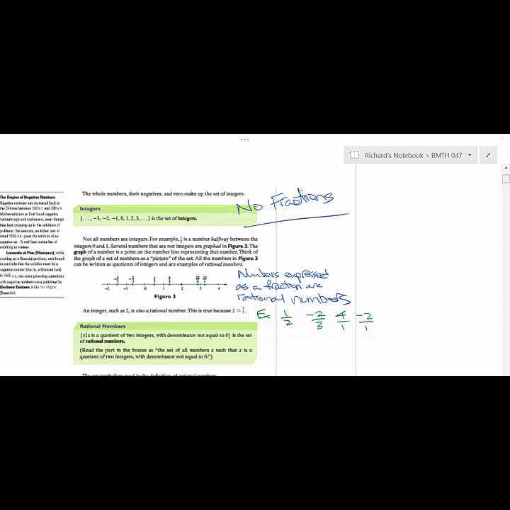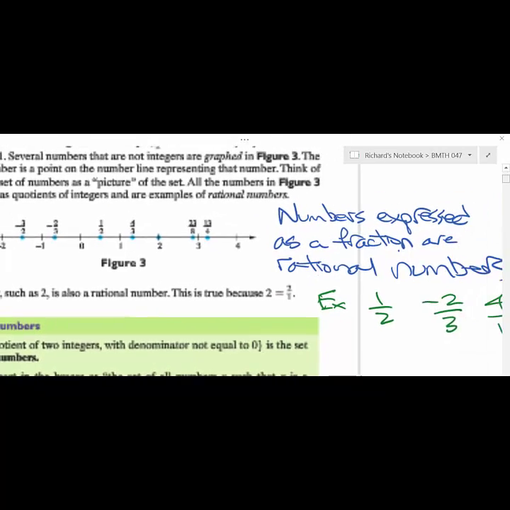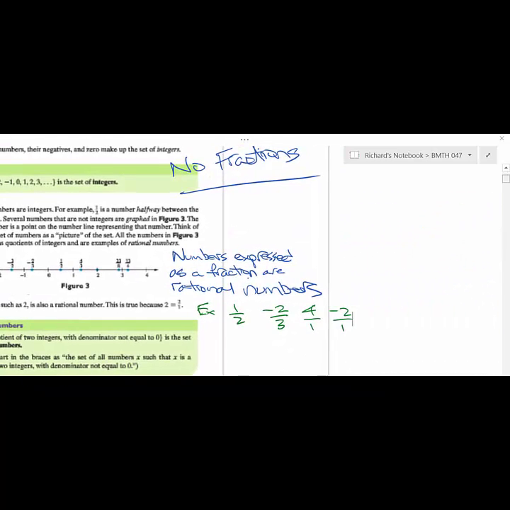All of these numbers are rational numbers: 1/2, negative 2/3, 4/1, negative 2/1. The rational numbers include a fraction like 4/1. Well, 4/1 is just the same as 4.